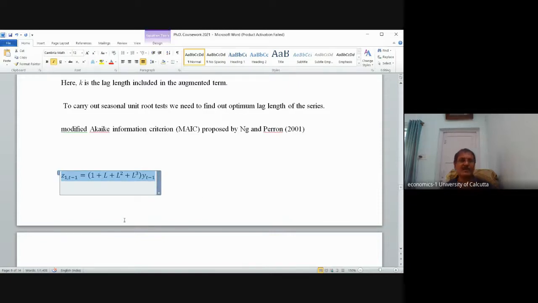Z1 t minus 1 is equal to (1 plus L squared plus L cubed) into Y t minus 1. This is equal to, you can write further, Y t minus 1 plus Y t minus 2 plus Y t minus 3 plus Y t minus 4.